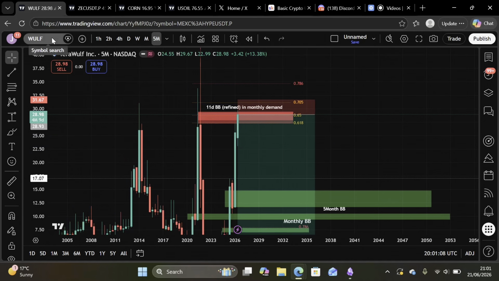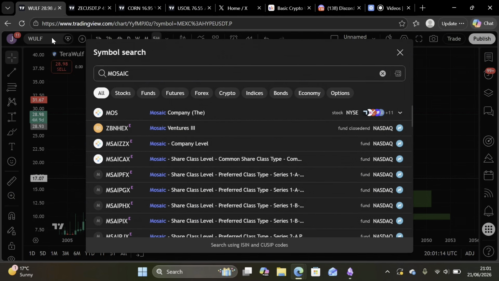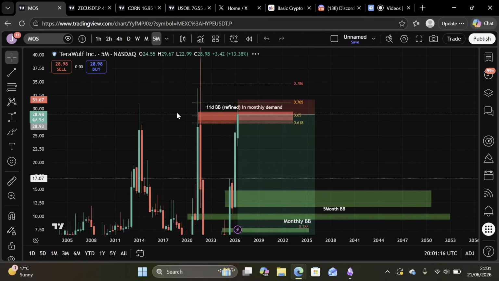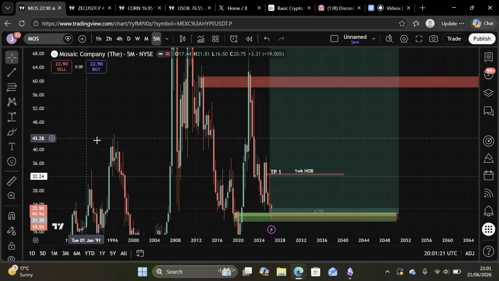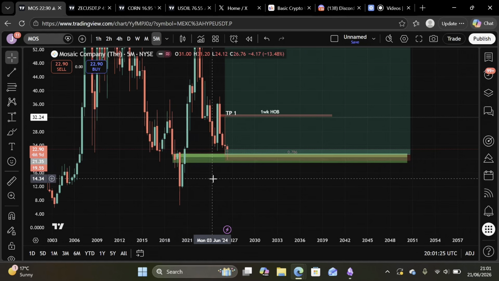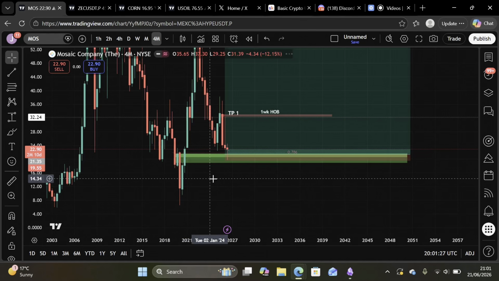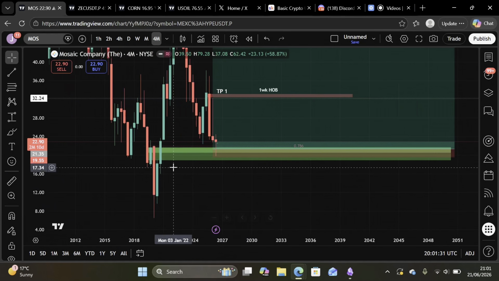I want to maybe show you one more example as well. What was the name of the stock? So it was Mosaic. With Mosaic right here, we have a 5-month hidden order block. We also have a partial 4-month hidden order block.